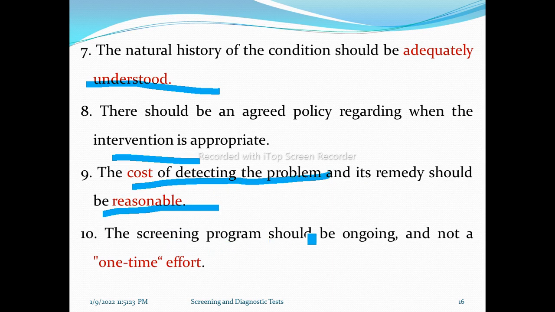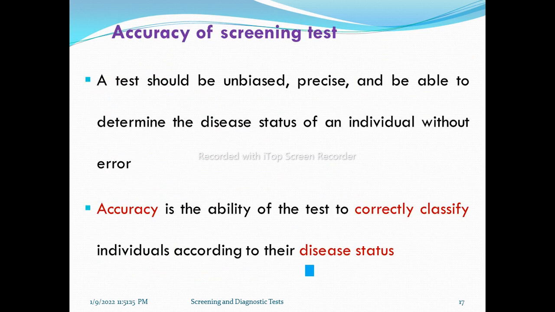The screening program should be ongoing and not a one-time effort. It's similar to Wilson's criteria, which we have seen before. So these are the 10 WHO criteria. If these criteria are fulfilled, we can start a screening program for one disease condition.